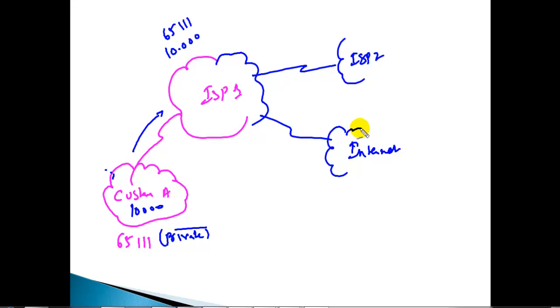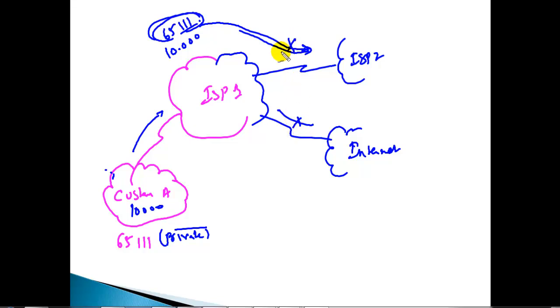Now by default, the AS number of the customer routes will be present in the AS path unless we explicitly remove it, which means when this update is sent, it is going to include that autonomous system number. But if the customer has been assigned any private AS number, then this private AS number must be removed before it is advertised to another ISP, or before it is advertised to the internet.